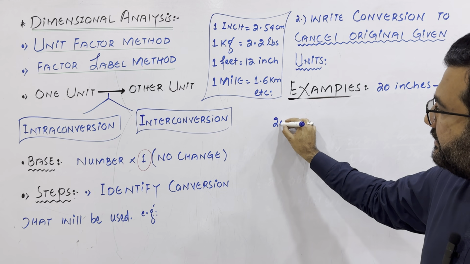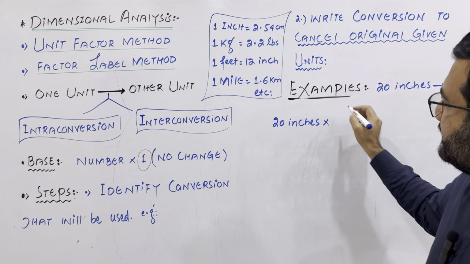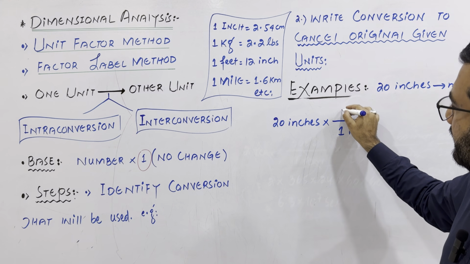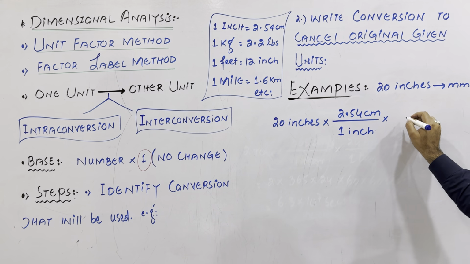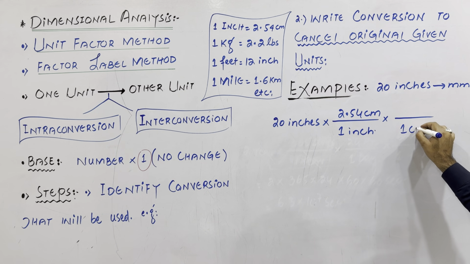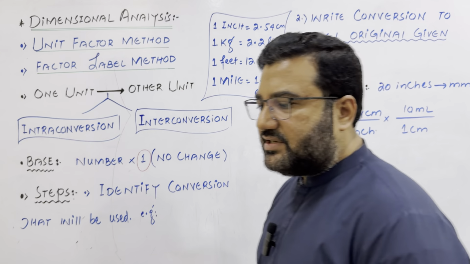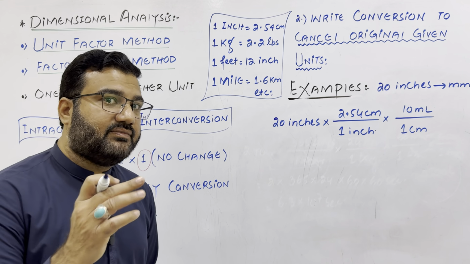We know that we have 20 inches, and according to this fact, in 1 inch there are 2.54 centimeters, and in 1 centimeter there are 10 mm. As I mentioned very early in this lecture, you must have an idea of the system of units.